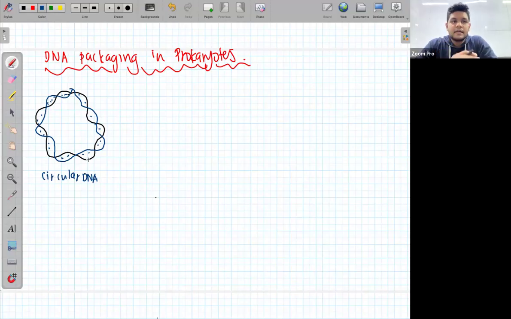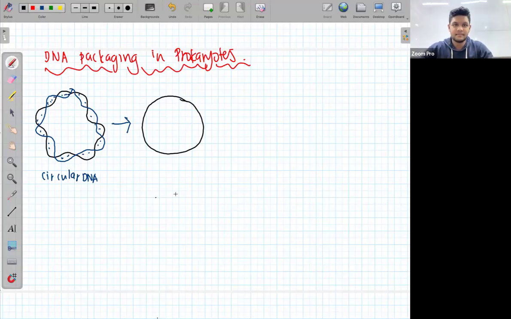Now, for our comfort of drawing, our education department has given the structure just as a circle. Because if they ask this part in an exam, students should not waste their time drawing complex structures like circular DNA. So they have given it as a circle.